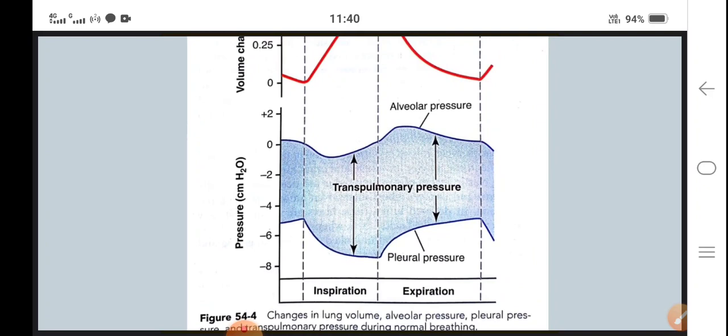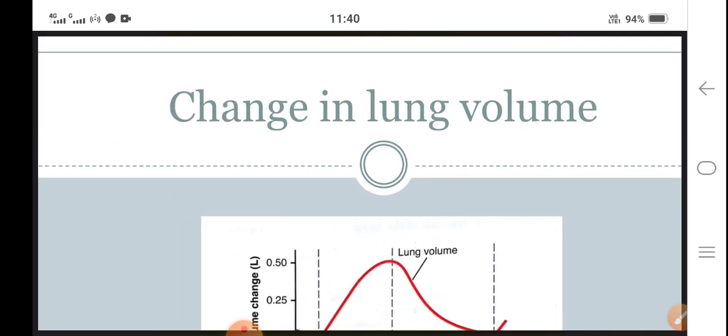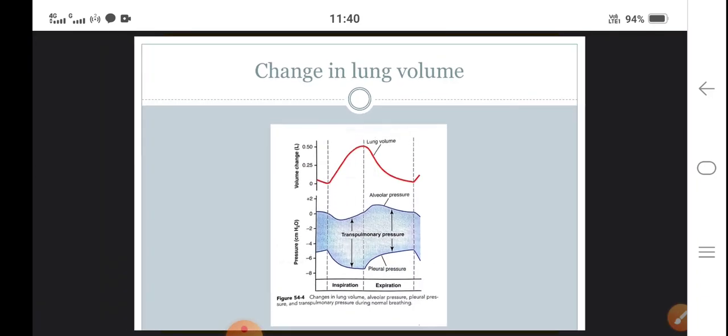Compliance diagram of the lungs. This one is the compliance diagram of the lungs.